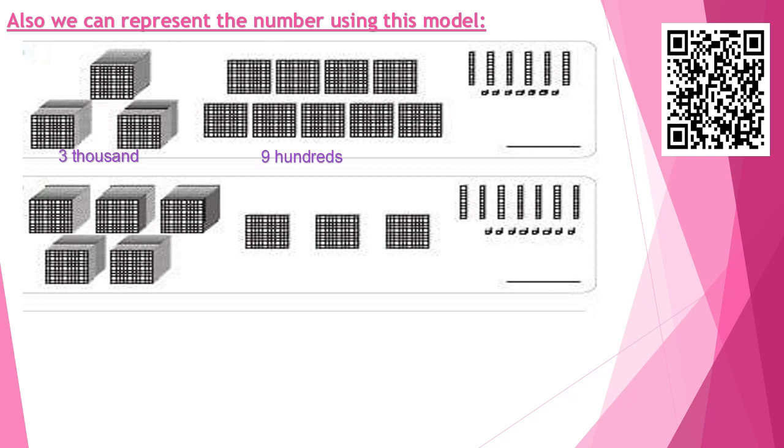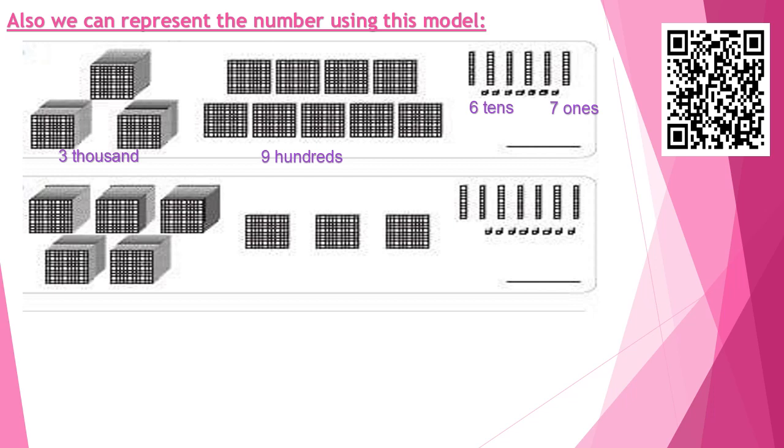How many tens here? Let's count the sticks. 1, 2, 3, 4, 5, 6. I have 6 tens. And how many small squares? 1, 2, 3, 4, 5, 6, 7. So I have 7 ones.